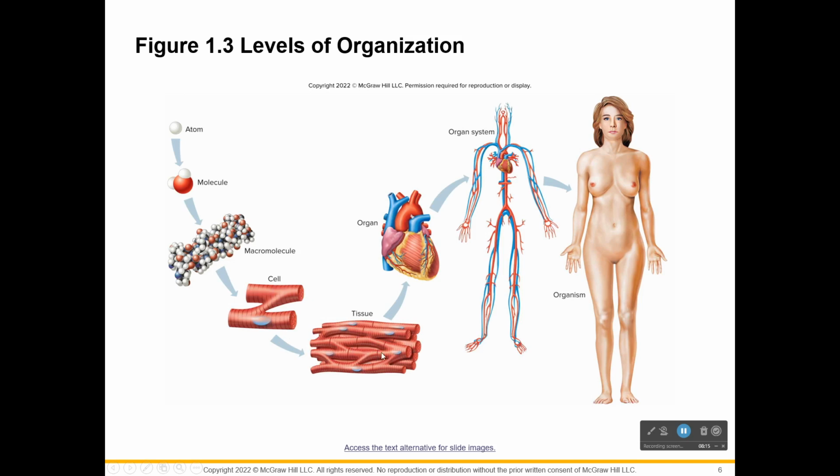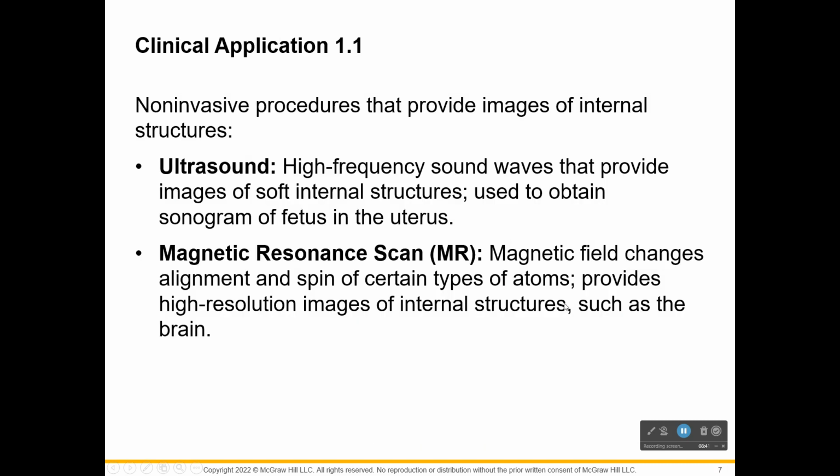Take those tissues along with other tissues like adipose and endothelium or epithelial tissue, and you have an organ like the heart. And we know the heart doesn't work alone. It has arteries and veins and capillary beds, so that would be the system. And then we don't just have one system, we have many systems that make up the body.